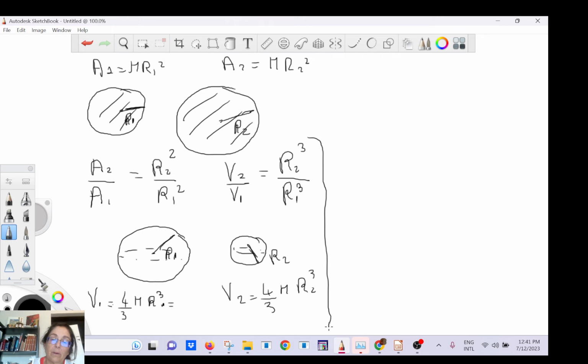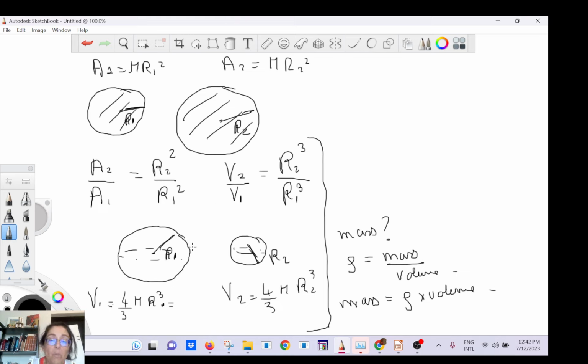Okay, now, and they are made from the same material. Actually, it doesn't matter here if it's not made from the same material, but let's say they are made from the same material. So you know that the density, which is the same here and the same there, is mass over volume, right? So for the same density, the mass is the density times the volume.